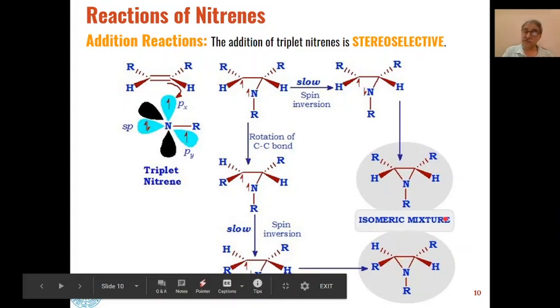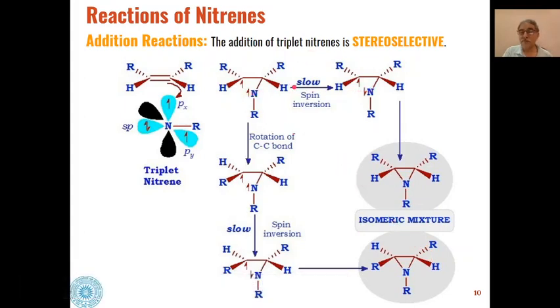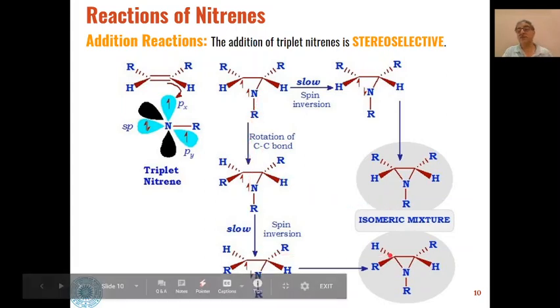So we can see that in the case of triplet nitrenes we are getting an isomeric mixture of products, and the amount of each isomer formed will depend on how much time this conversion takes and how much time that conversion takes.